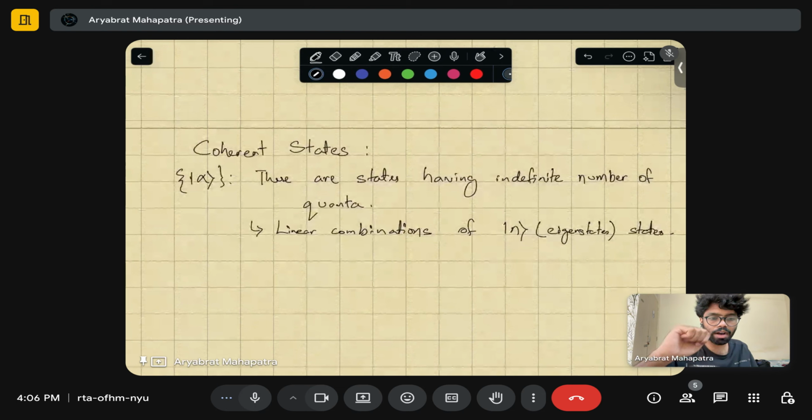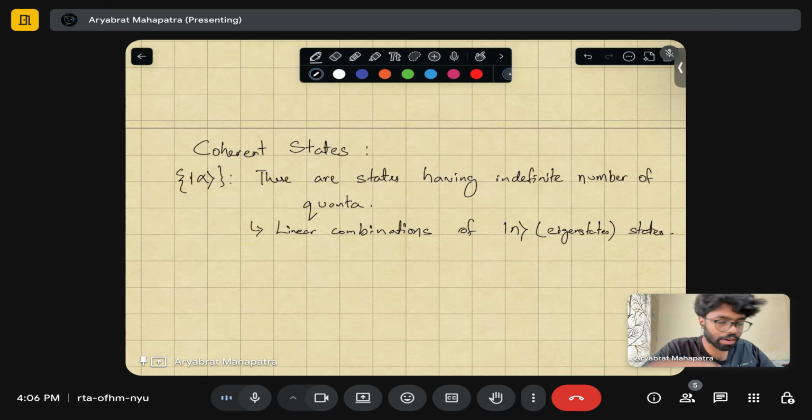Basically, alpha is some linear combination of eigenstates. Just like the states which you often encounter in quantum mechanics are linear combinations of eigenstates, those are superposed states.